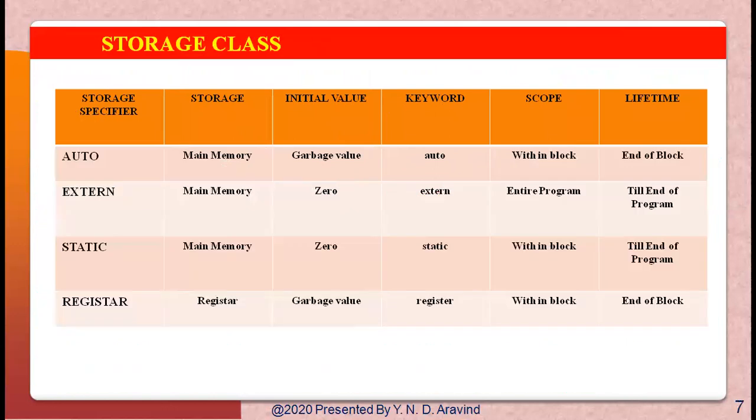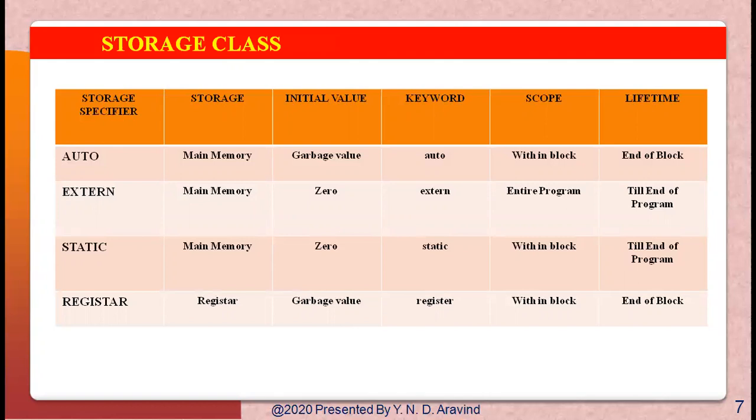So let us see the overall storage classes and the differences. There are 4 storage classes: auto, extern, static and register. Coming to the storage, auto, extern and static reside in the main memory, whereas register variables are stored in the registers.